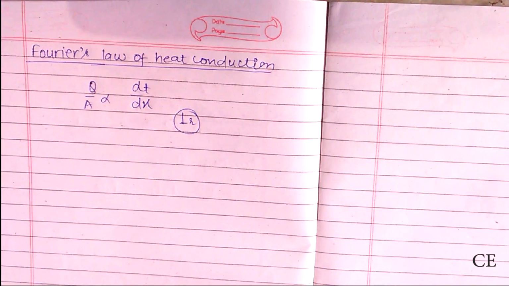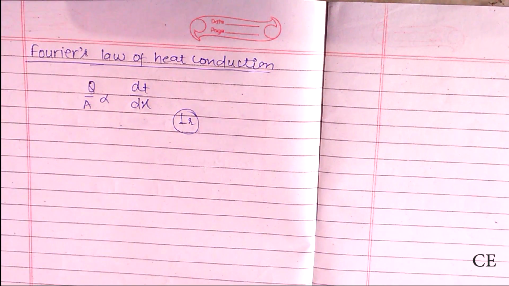If you see its elaborated definition, then it is defined as the rate of flow of heat through a homogeneous solid is directly proportional to the area of the section at right angles to the direction of heat flow, and to the change of temperature with respect to the length of the path of the heat flow.